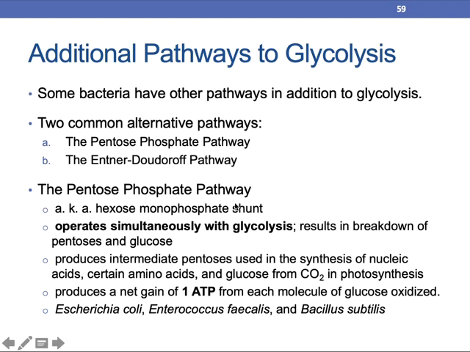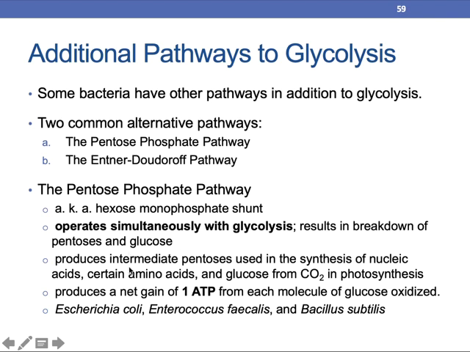The pentose phosphate pathway is also known as the hexose monophosphate shunt, and it operates simultaneously. So as glycolysis is going on, the pentose phosphate pathway is also going on. So that's one feature of it. It results in a breakdown of pentoses. A pentose is a 5-carbon sugar. So it breaks down pentoses and glucose.